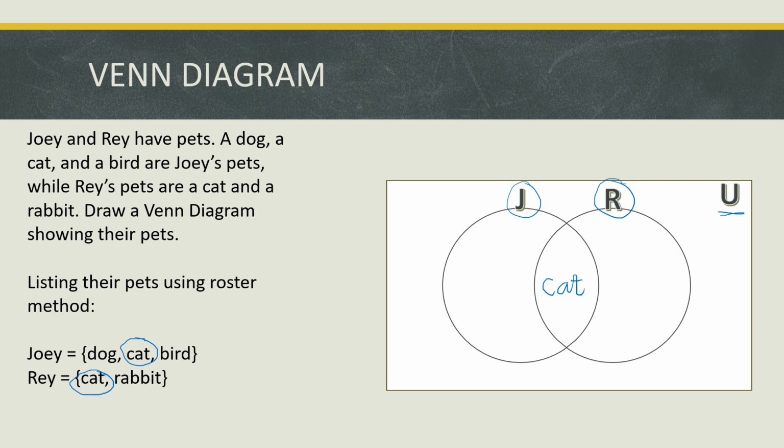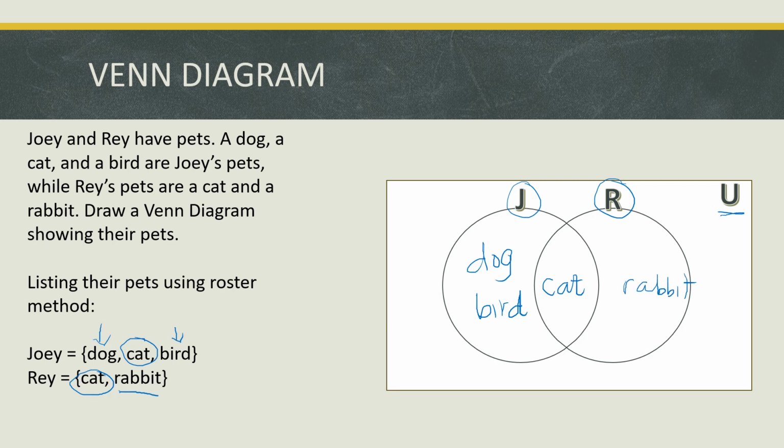That cat belongs to the circle of Joey, and it belongs to the circle of Ray. And then the other pets that we have for Joey, we're going to write inside Joey's circle. So we have here a dog and a bird. While on Ray's circle, we still have a rabbit.